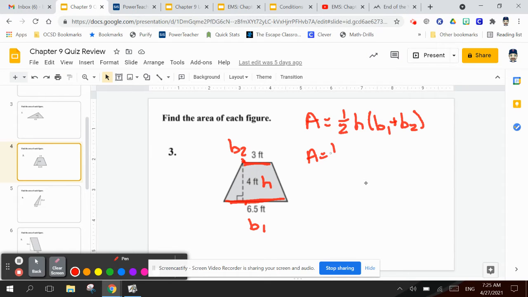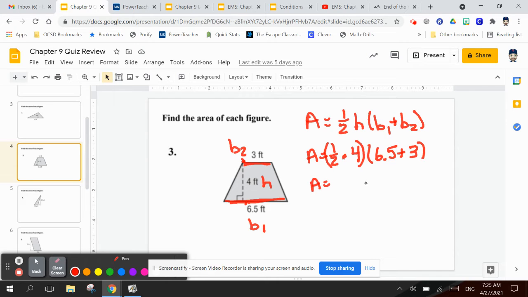Area equals 1/2 times the height, which is 4, times base 1, which is 6.5, plus base 2, which is 3. So then I multiply 1/2 times 4.